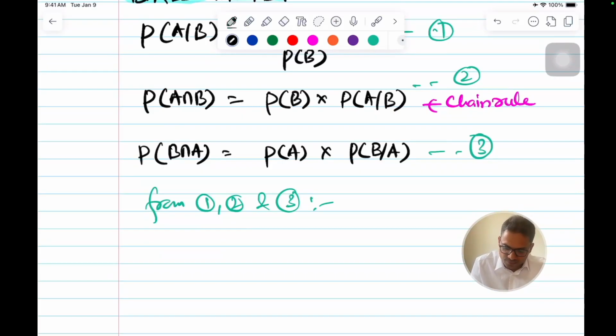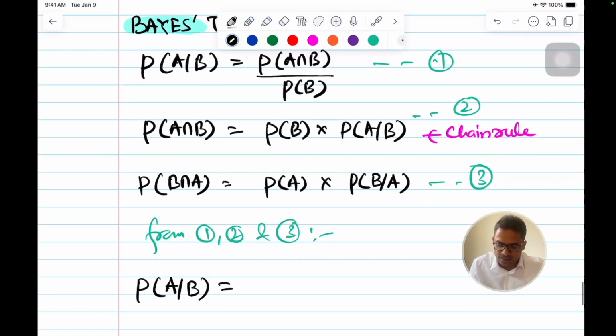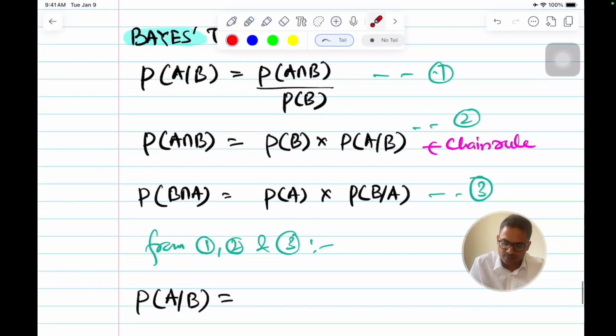Let's rewrite. We want to write probability of A given B. Now how can we write A intersection B? A intersection B is same as B intersection A. These both are same, A and B or B and A, right? So I can replace this with this thing.